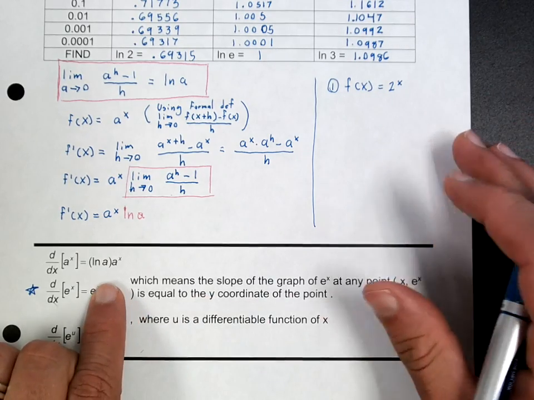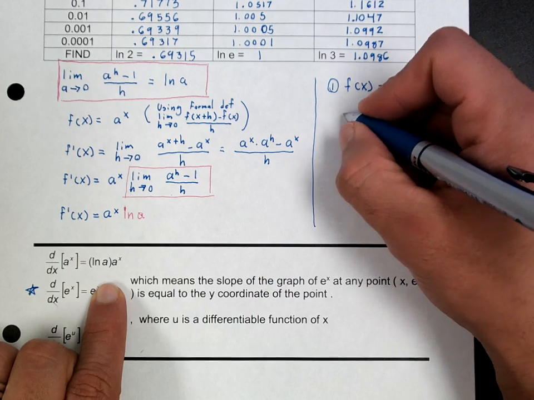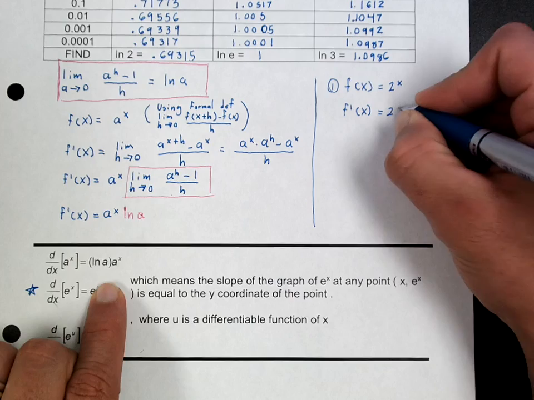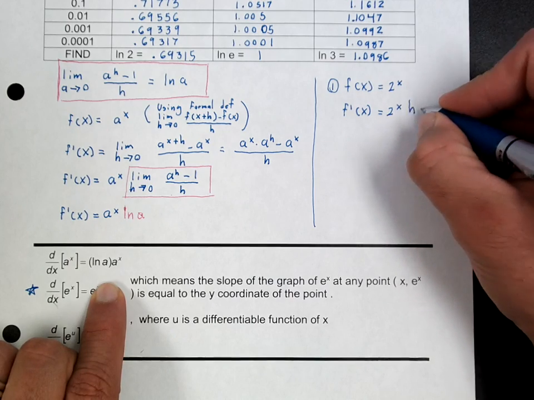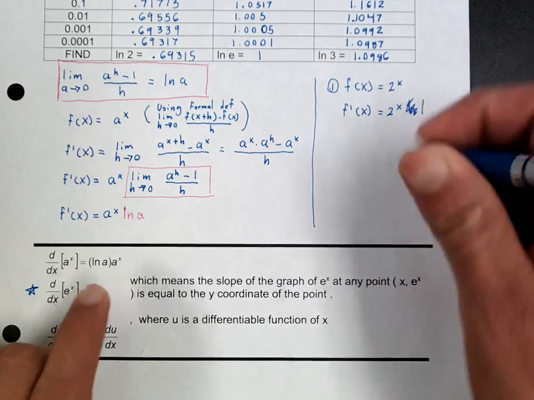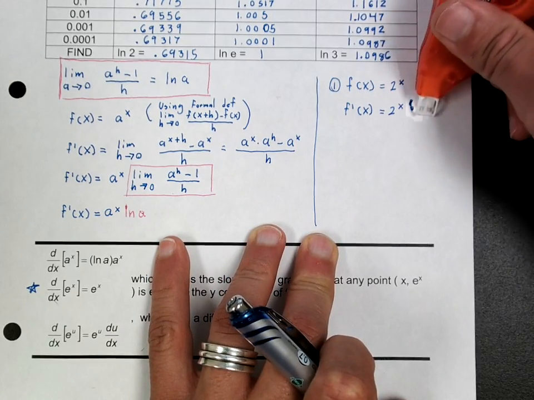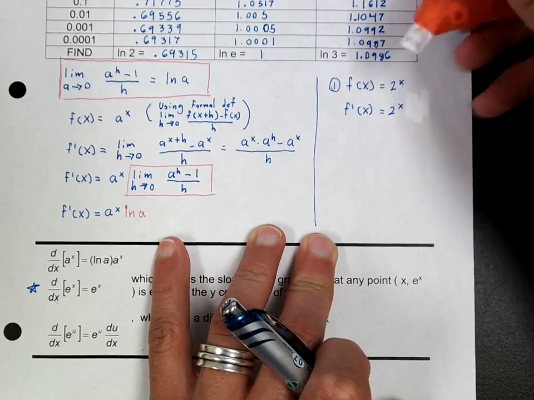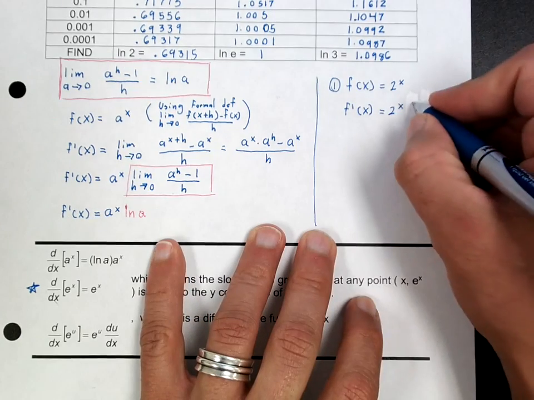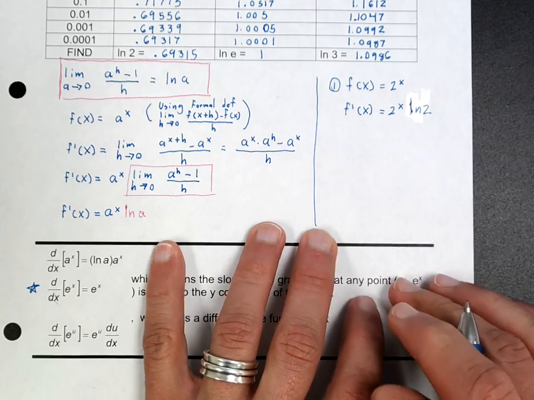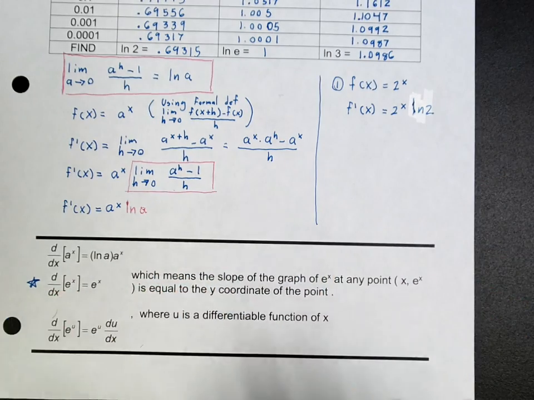Using this formula, the derivative of that would be 2 to the x times the natural log. Every time I write natural log, I want to write an h. It's programmed into my brain. So 2 to the x times the natural log of 2. Okay, so that's pretty much it for that example.